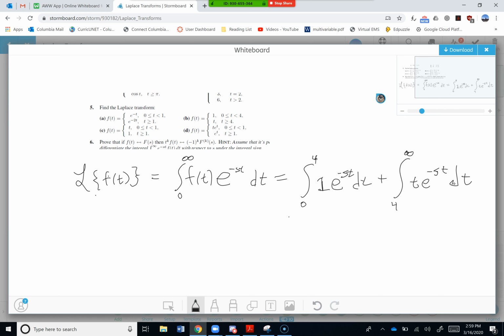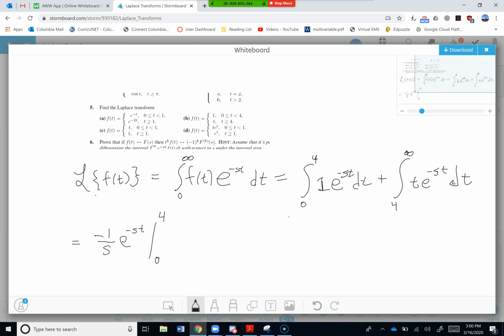Okay, so then on that first bit, what do I get? I get negative 1 over s times e to the minus st evaluated from 0 to 4.